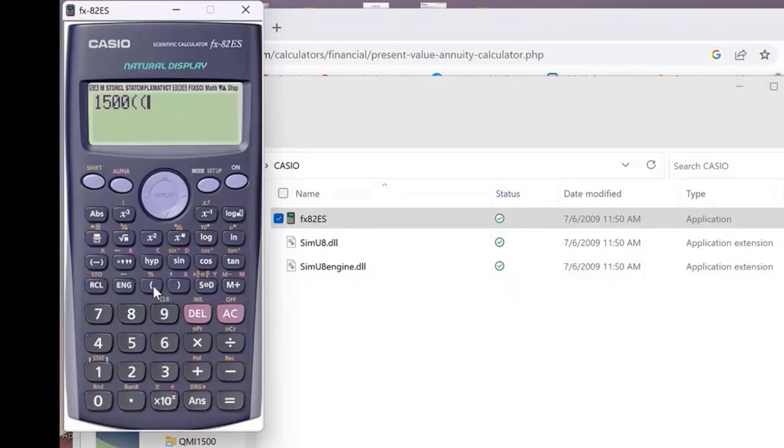Why is this thing not entering? Is there something wrong with my calculator? I don't think so. Yeah. No, I got it. Backspace. Okay, I want to enter this thing.